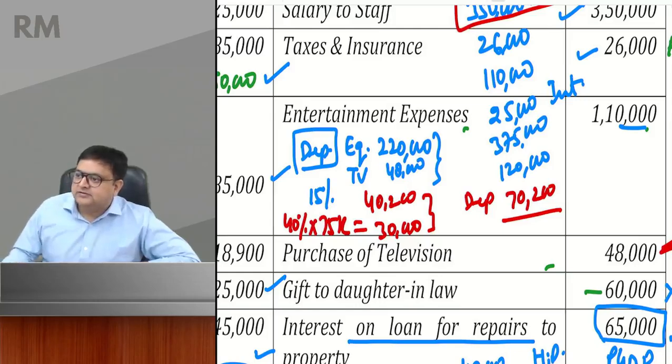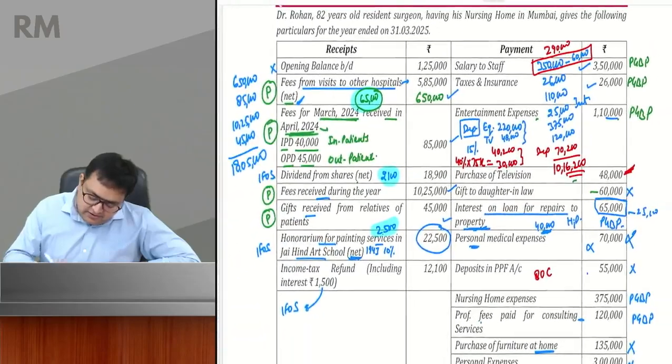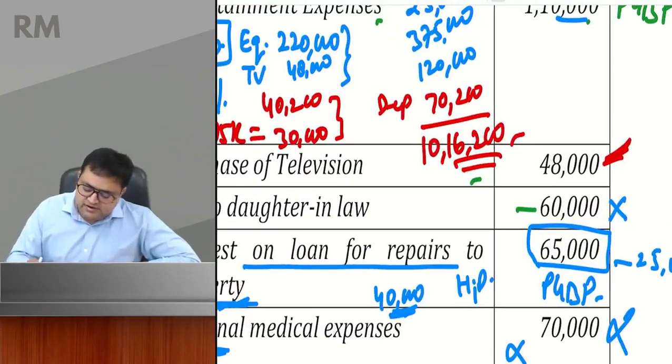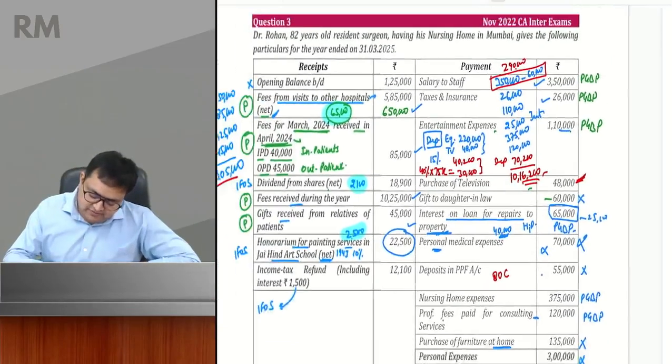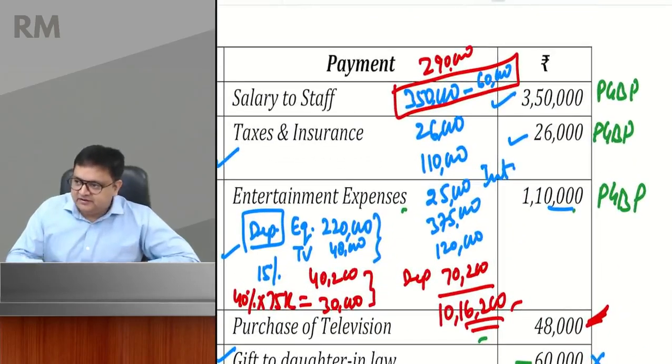So the total expenses are, you have given me, 10,16,200. Everybody got it? 18,05,000 business receipts. 10,16,200 is my PGBP expense. So my profit is this minus this.